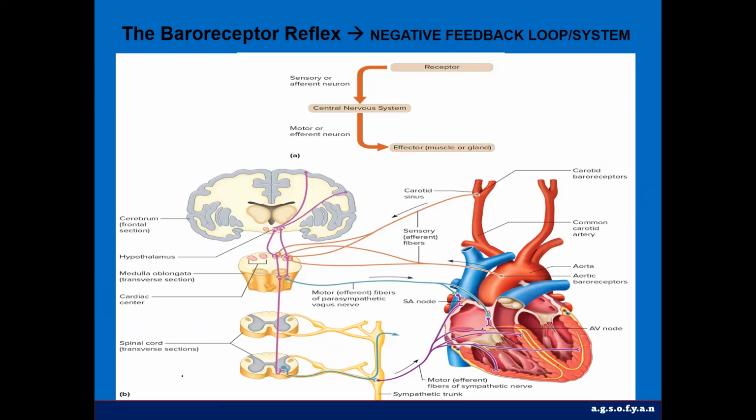Okay, so this diagram shows you the controls. Again, the primary control is coming from the area in the medulla oblongata. There is a special area called the cardiac center or CV center that will sense the information and decide whether to use the parasympathetic or sympathetic division.